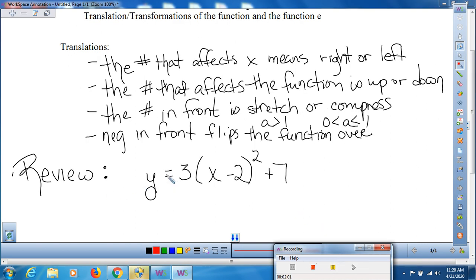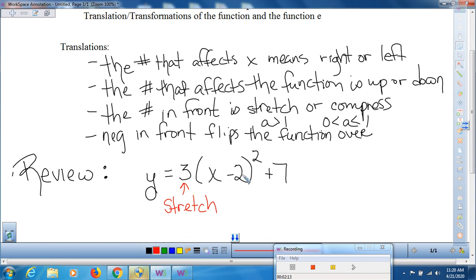All right, so we have a quadratic, and we know it's a quadratic because we have a squared term in here. Remember, a quadratic makes a parabola. Let's talk about what the translation is here. We have y equals 3. 3 is a stretch. That's the coefficient, the number in front. That stretches our parabola, makes it skinnier.